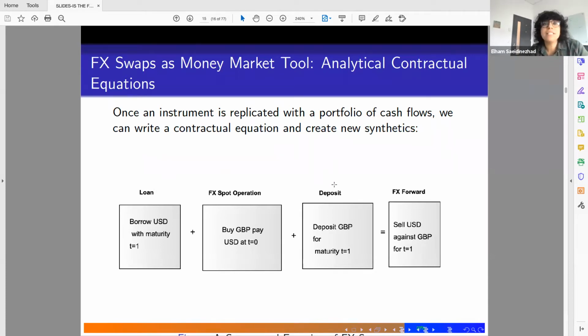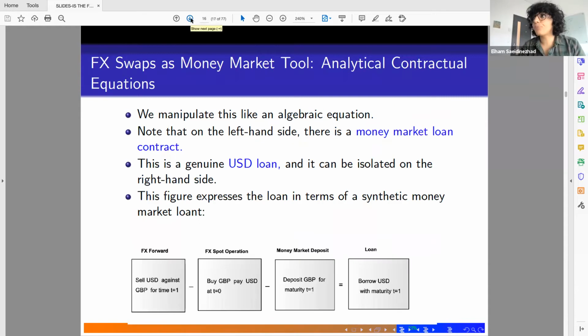The other party is receiving this USD, which means that it is able to deposit the British pound for at least one period. In the meantime, there is a foreign exchange transaction, as you can see here, and the result of these three different transactions is this contract, which is called FX forward.